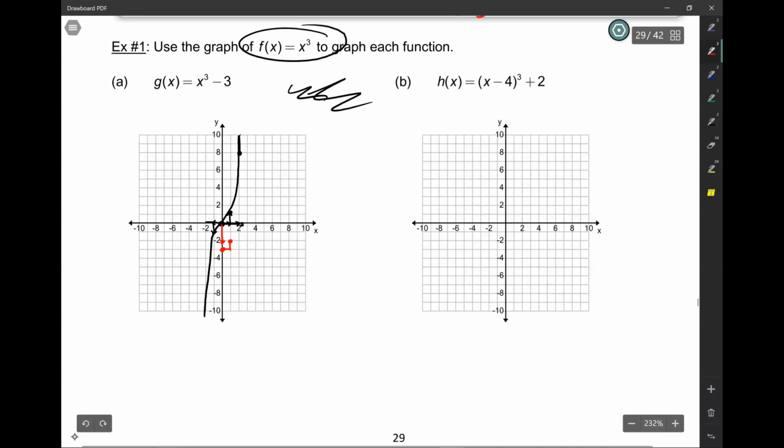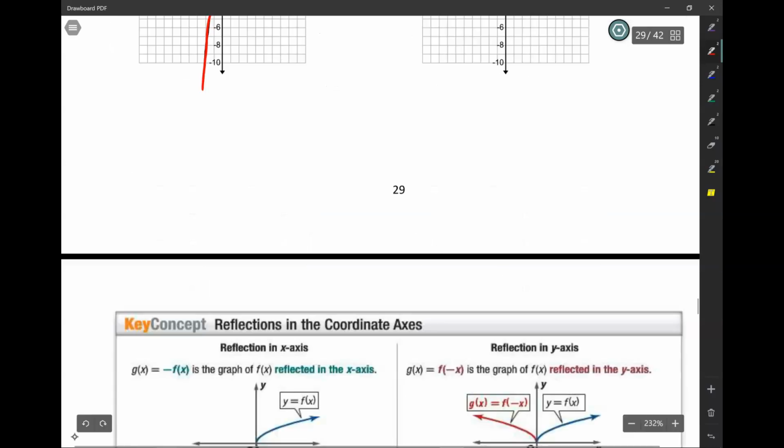So from here, if I go up 8, I go to 5. And then if I go left 1, it makes my function go down 1. Left 2 means down 2. So essentially, if you look at it, every single point moves down the same amount. Okay? All right, so what about the other one?